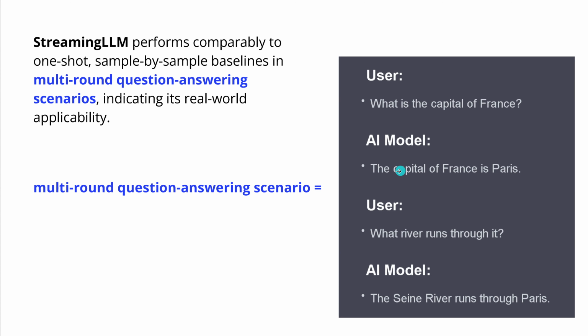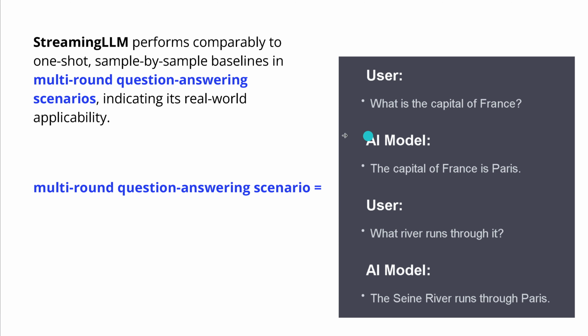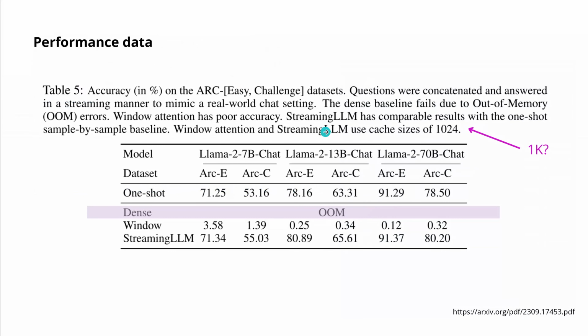We understand that our conversation is about the city of Paris. So we take this information, and for the question what river runs through it, now we know it is Paris. And the AI model can say the river Seine runs through the city of Paris. So this is a very simple explanation of what's going on.